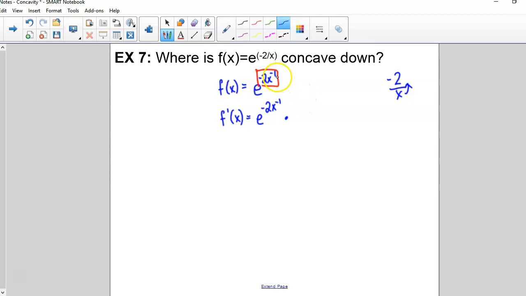So we multiply by that derivative, positive 2x to the negative 2 power. And so that gives us 2e to the negative 2x to the negative 1 over x squared.